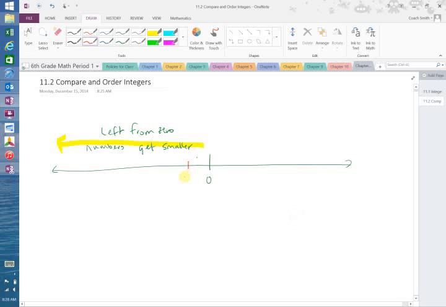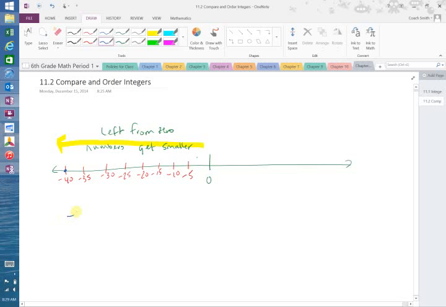So if we have -5 right here, and then -10, -15, -20, -25, -30, -35, -40. Well, -40 on our number line here, that would be the smallest number of the group.